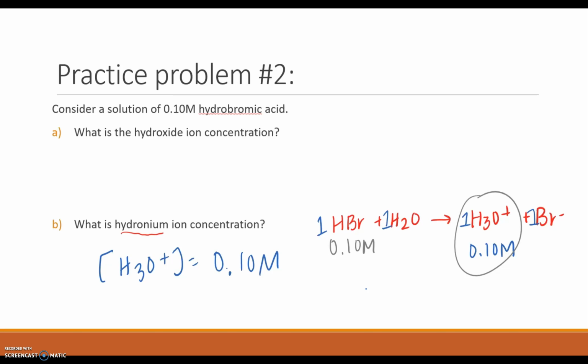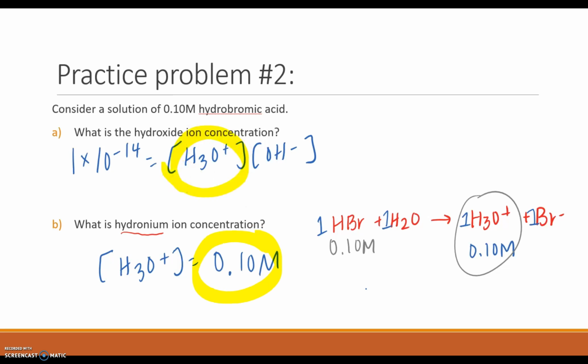Okay, but to find the hydroxide ion concentration, you do have the formula. And so that is 1 times 10 to the minus 14 equals H3O plus concentration times OH minus concentration. And so you're going to plug in this value for this, because that's what H3O plus is.